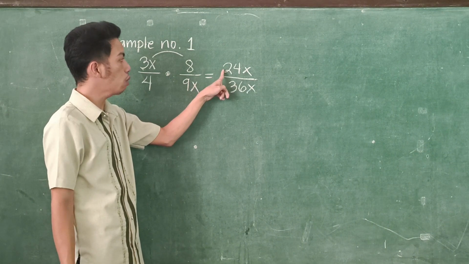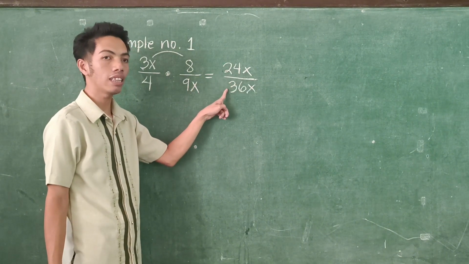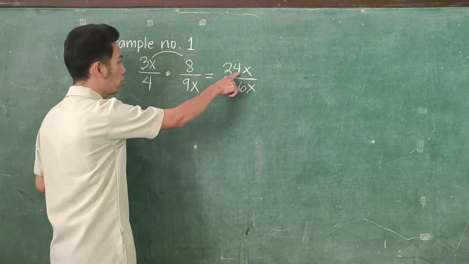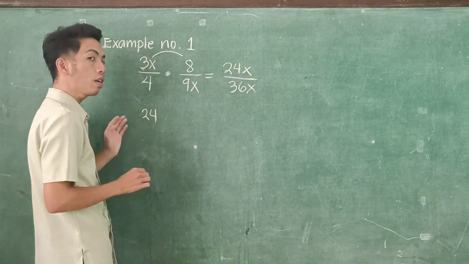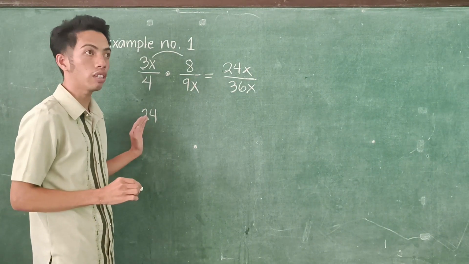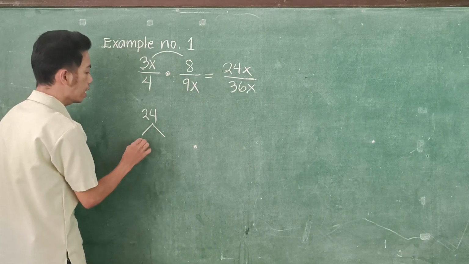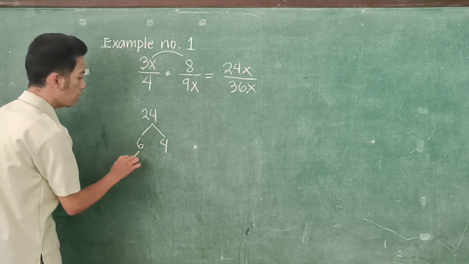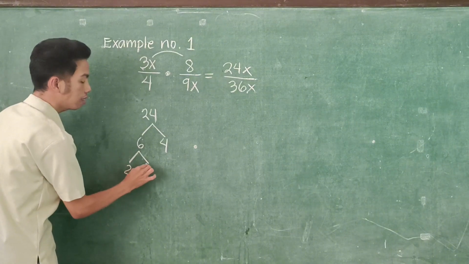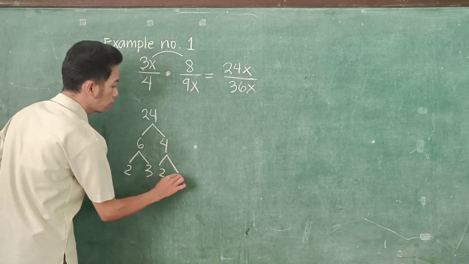So ang step number 2 ay ipa-factor daw natin ang numerator at saka ang denominator. So, paano natin gagawin yon? So, let us have the factor of 24. The factor of 24 is 6 times 4. The factor of 6 is 2 times 3. And the factor of 4 is 2 times 2.